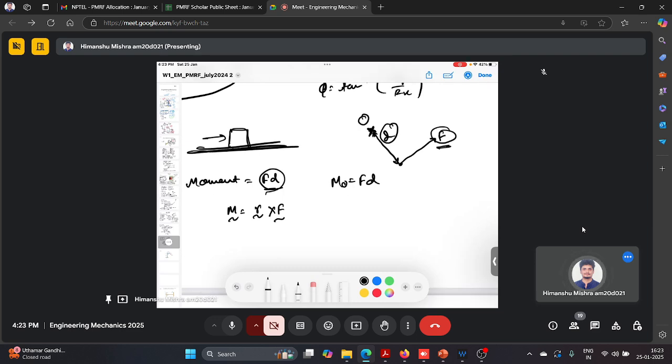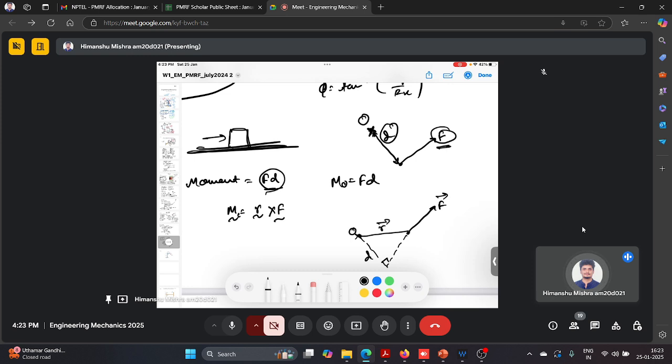In the vector form, you can define a force here, and this is your position vector, this is your force, and this is the perpendicular distance.